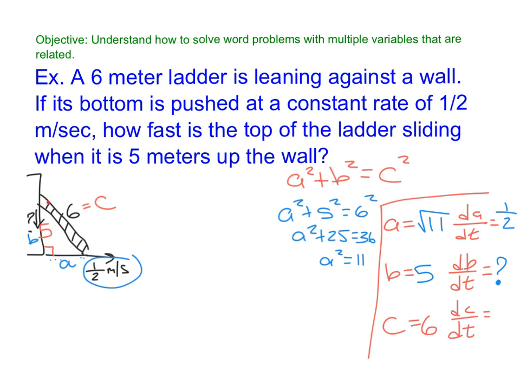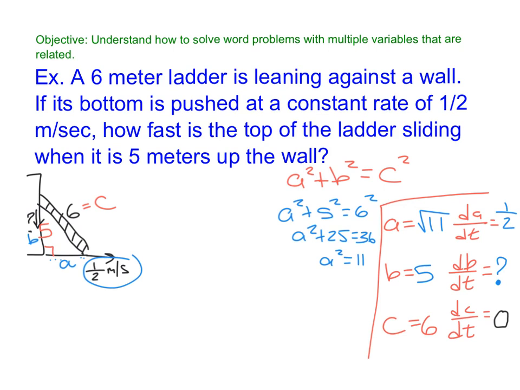No, the ladder is consistent. So its rate of change would be 0. The rate of change of my ladder is 0. That's really important, something you want to pay attention to when you do these problems. Sometimes one of the variables has a rate of change of 0 because it can't change. That ladder isn't just randomly getting longer. All right, so now we have all our information.